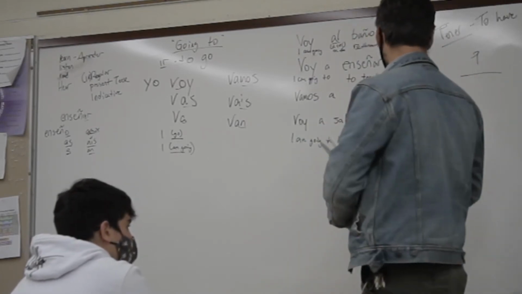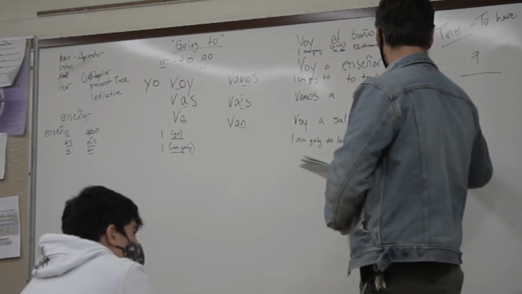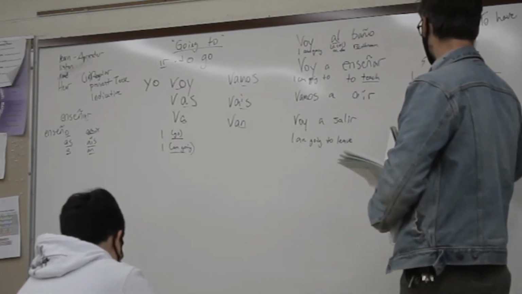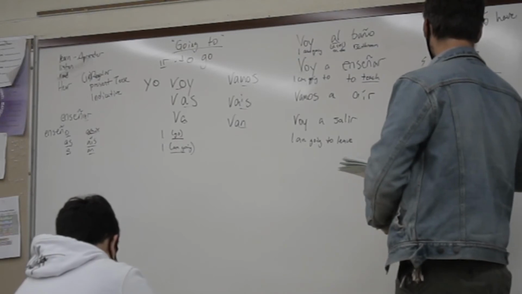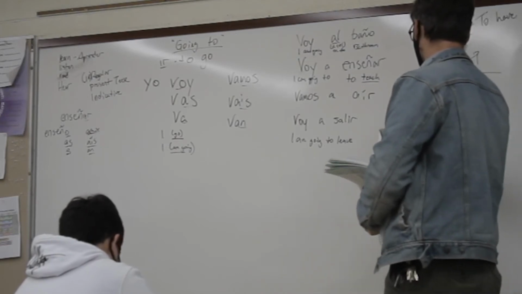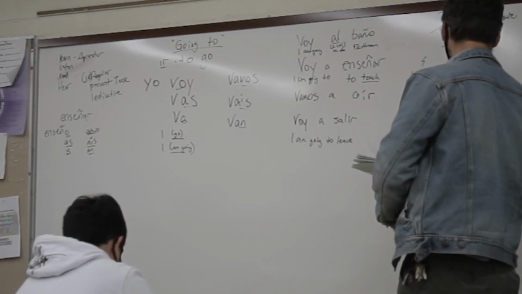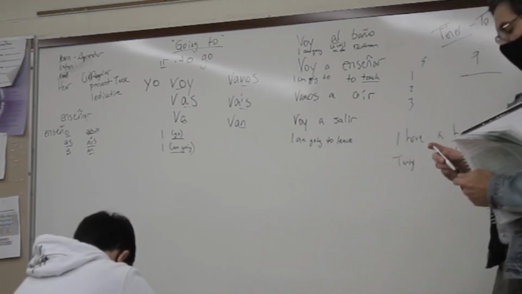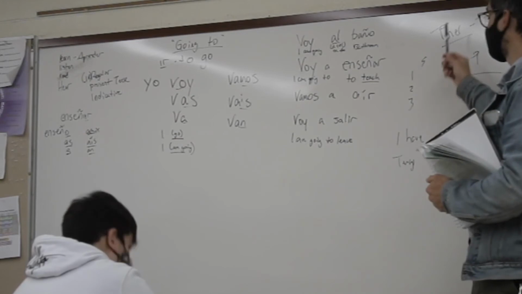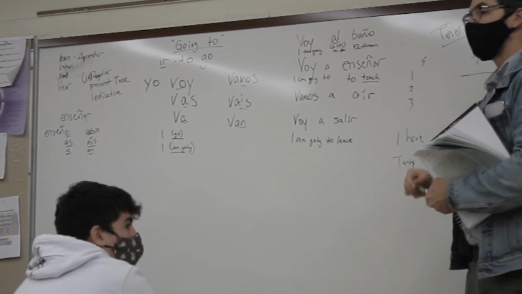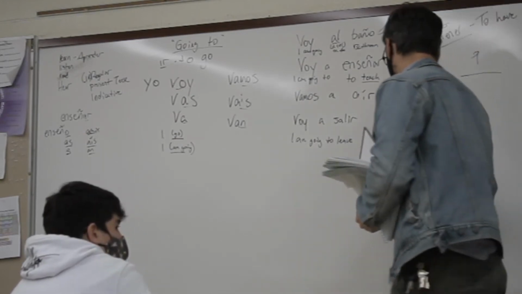Like I have a book. That was our example, right? Tengo un libro. When we use tener, the verb tener, with a verb, you have to add the word que.